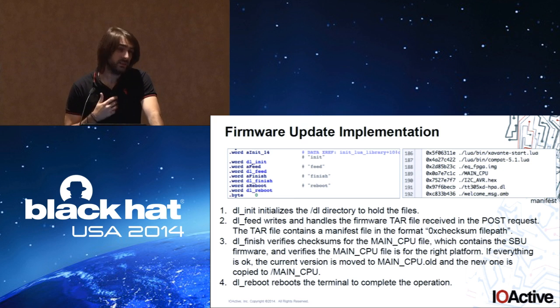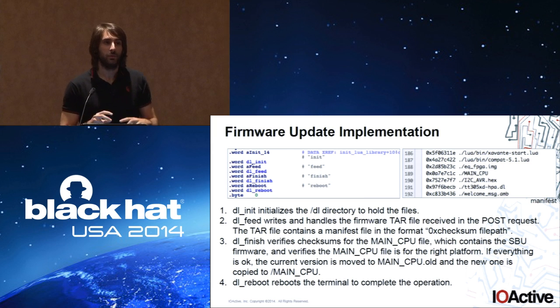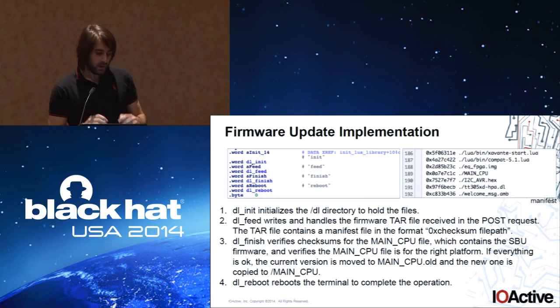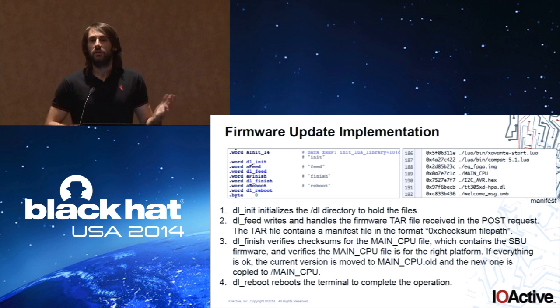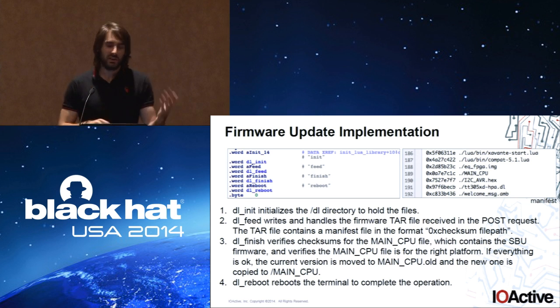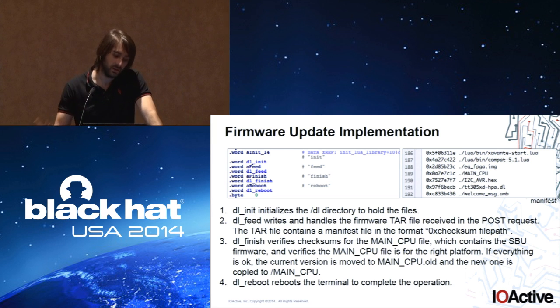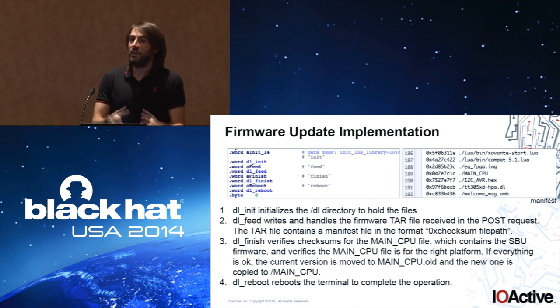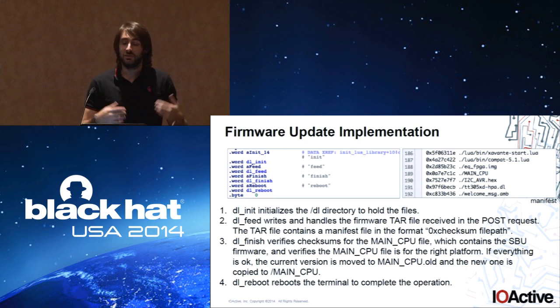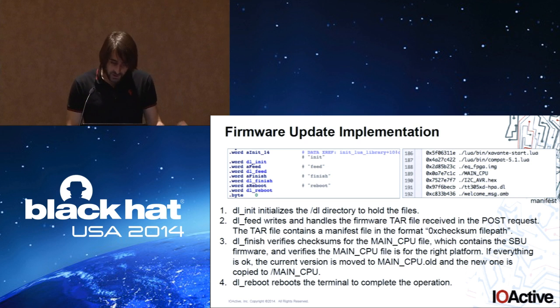Then DL finish checks that everything is okay with the main CPU file, which contains the SBU firmware. If everything is okay, the version is okay, the platform is okay, it copies that file to the original one and renames the old one to main CPU.all. And then DL reboots the terminal. This function by itself is an attack vector because you can reboot the terminal, and that's not good.